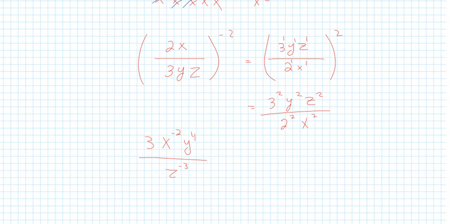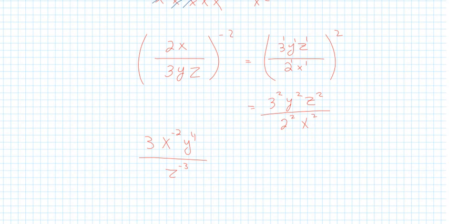Bring whatever has a negative exponent from the top down to the denominator, and whatever is in the denominator, bring it up to the numerator. Whenever you have a negative exponent on a letter specifically or on a number specifically, you can change its position.